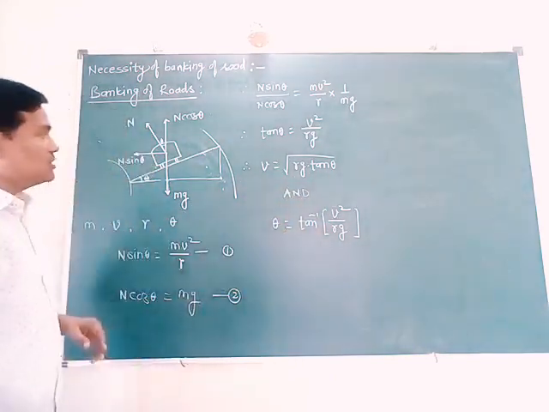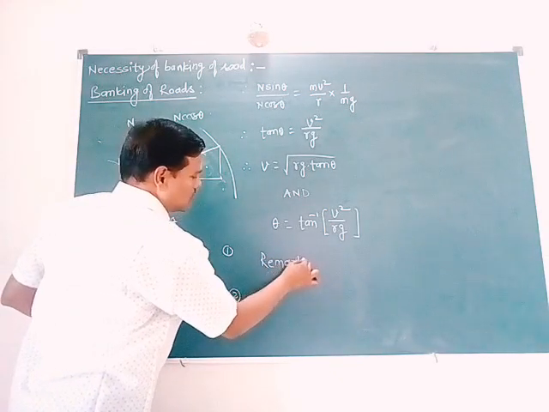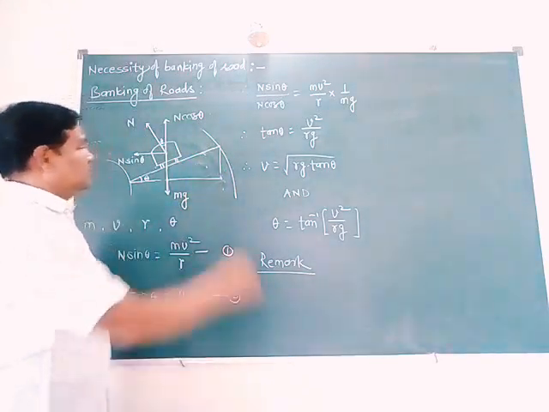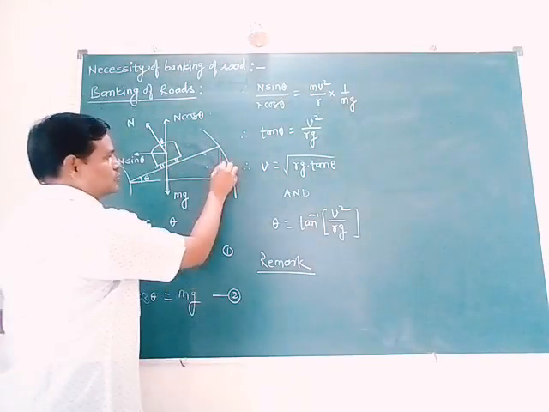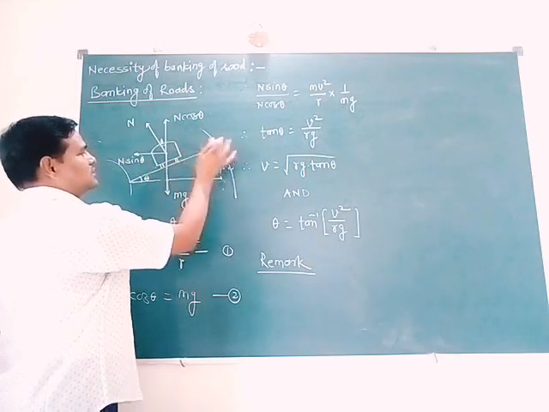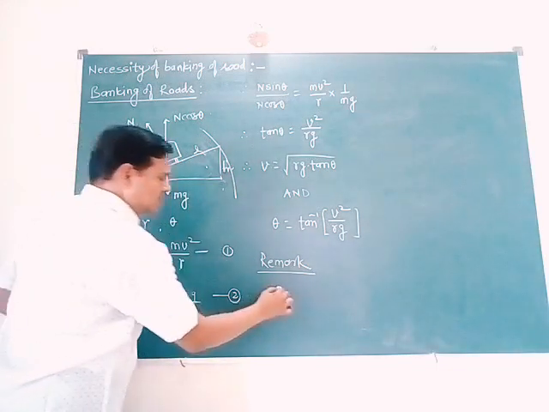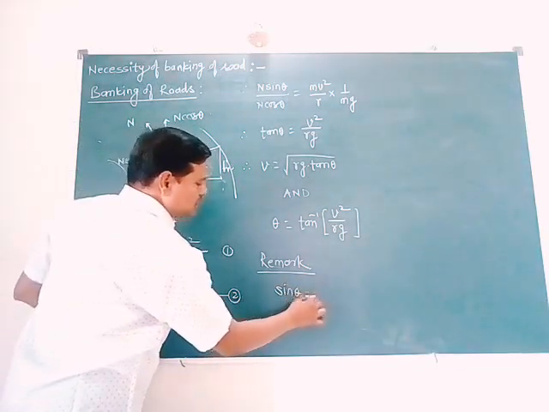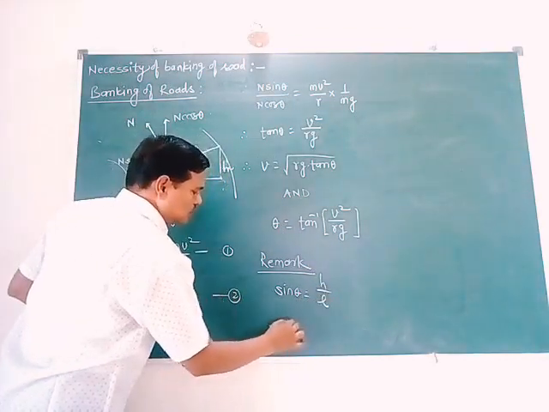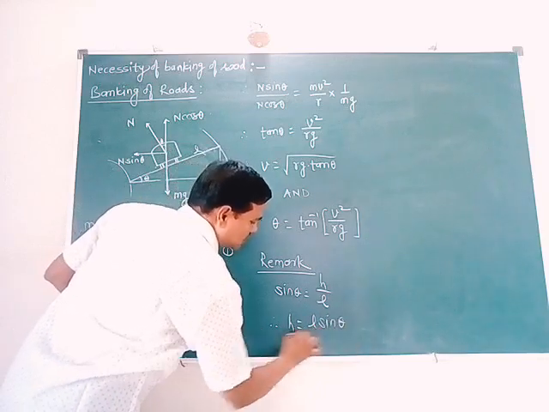Here again one thing must be remarked. This outer edge is elevated. In this triangle, suppose this side length is L and this is H. What is sin theta? Sin theta is equal to opposite side H by L. So H is equal to L into sin theta.